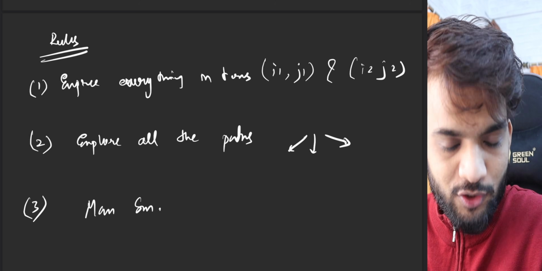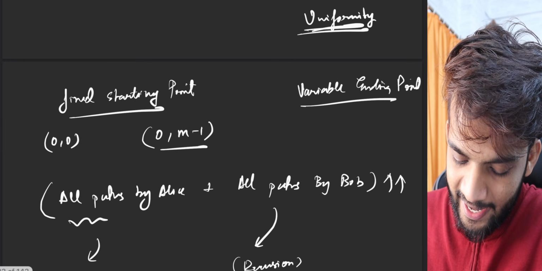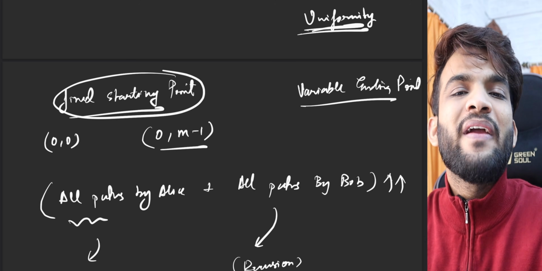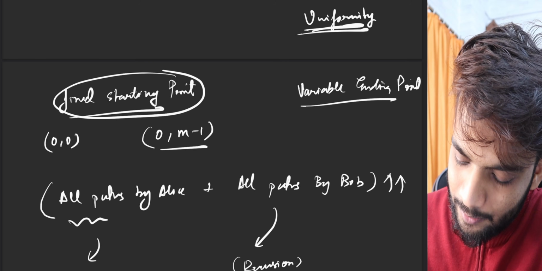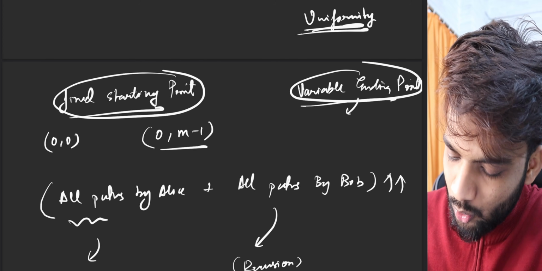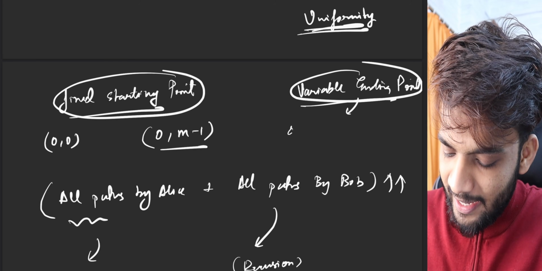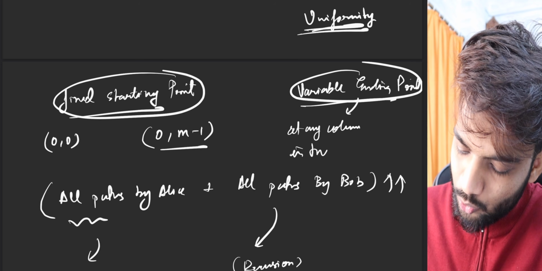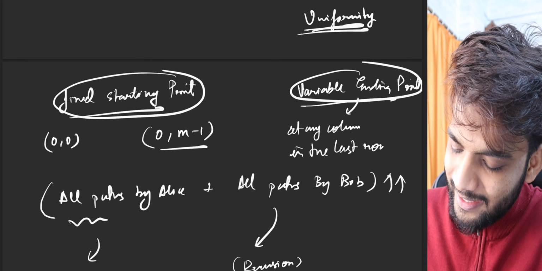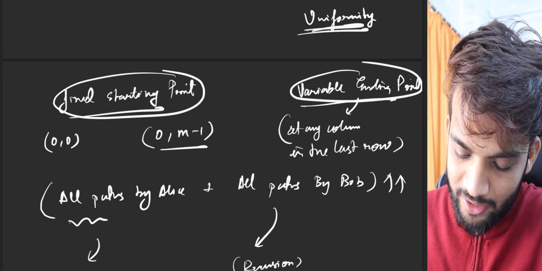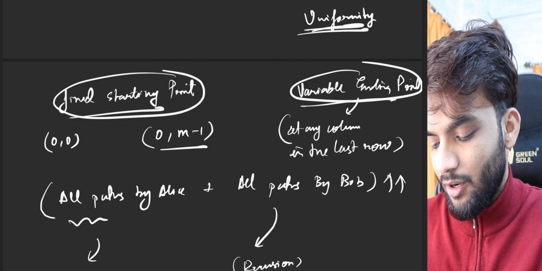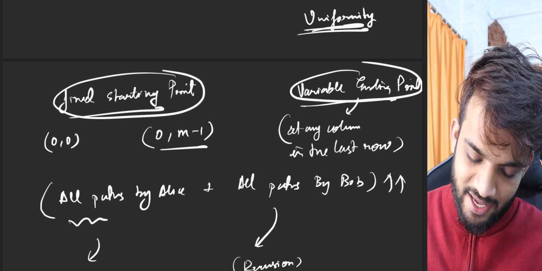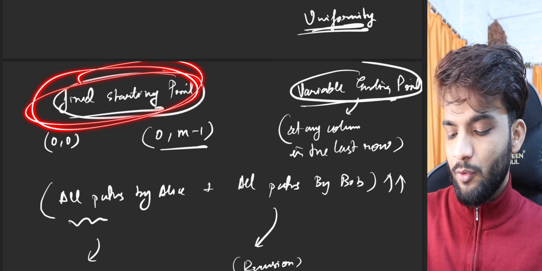Something to observe: we have a fixed starting point. Generally, when we have a fixed starting point and a variable ending point, because it can end at any column in the last row, we tend to write the recursion starting from the starting point and going to the ending point.